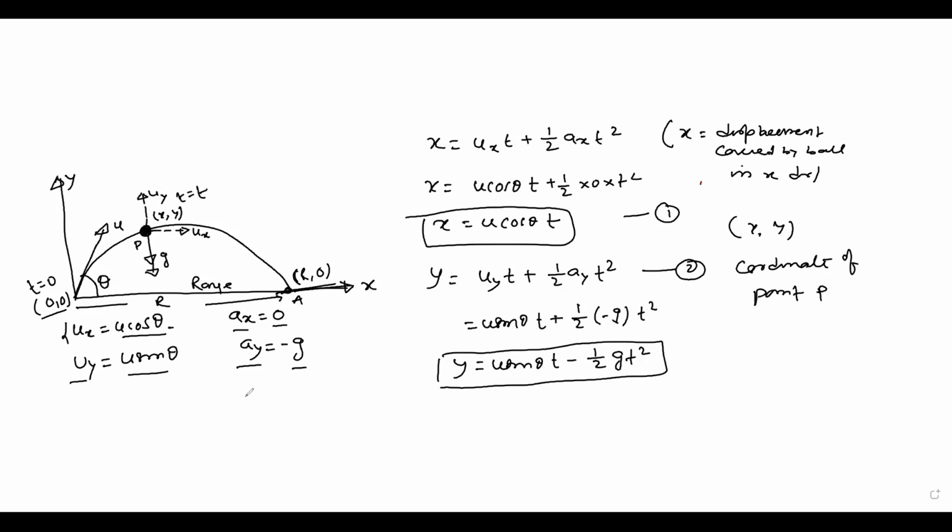Now suppose somebody asks me to find the range. At x equal to r, y equal to 0, right? If the ball is reaching this point, y equal to 0.